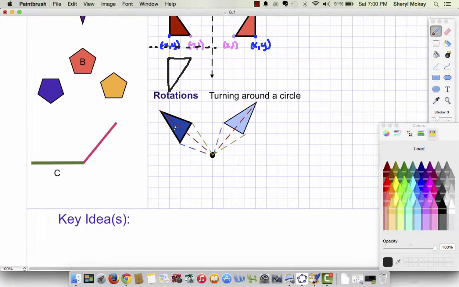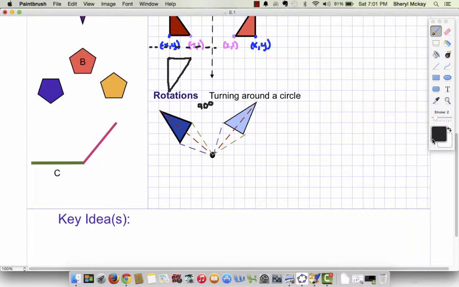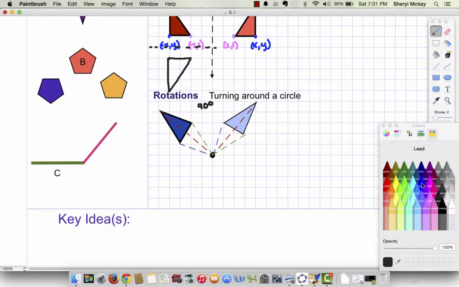And this happens to be a 90 degree rotation. And what I want you to look at is each point on this triangle. We've got this point, this point, and this point.